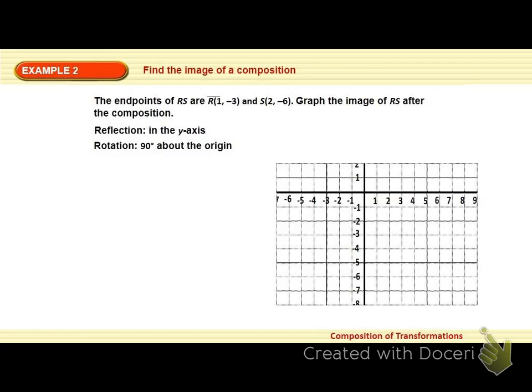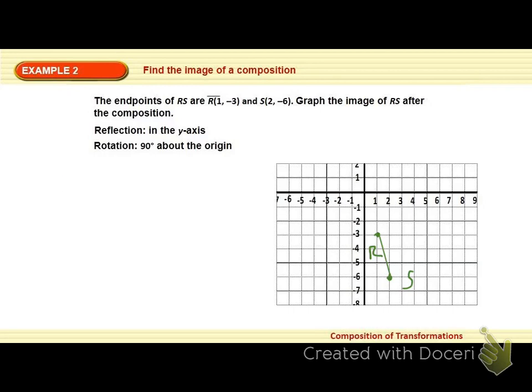So let's first do a composition of reflecting in the y-axis and rotating 90 degrees about the origin. We have rules for both of those. So we're going to plot R. R is at 1 comma negative 3. And S is at 2 comma negative 6. So there's our segment. And we can do this with our coordinates first if we want.